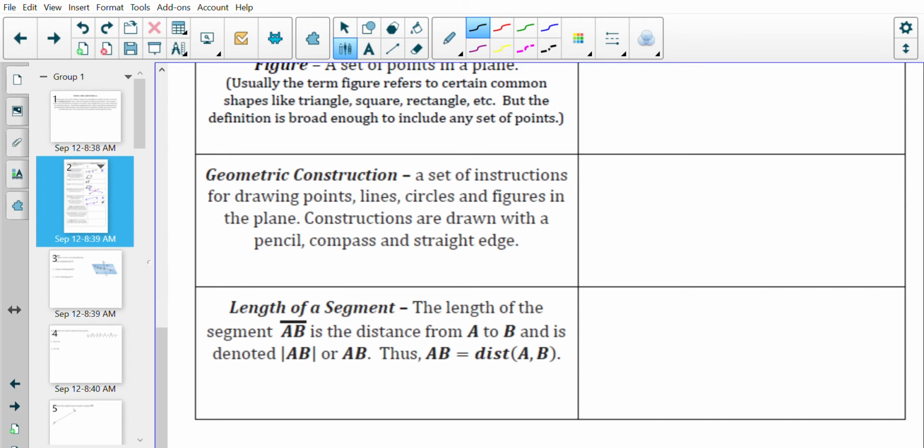And then the length of a segment is the distance from one point to another. So we can note it as AB inside, they're not really parentheses, but AB inside that, or just AB. And we could also use the symbol of distance A comma B. That tells me I have to figure out how far from A to B.